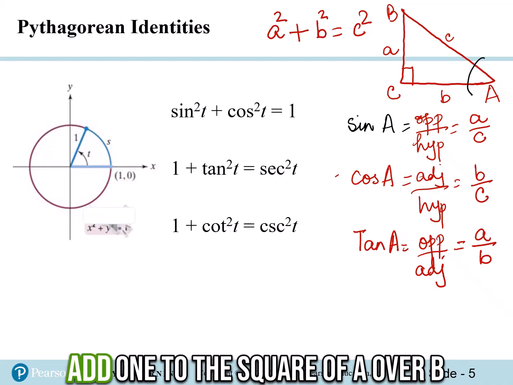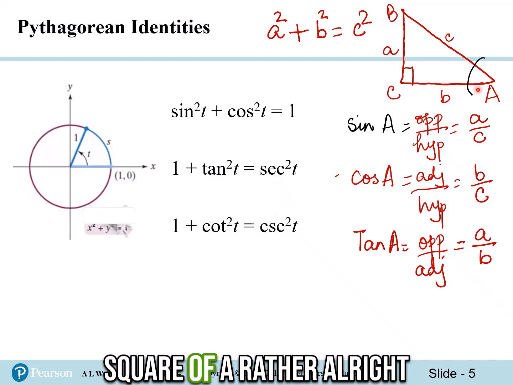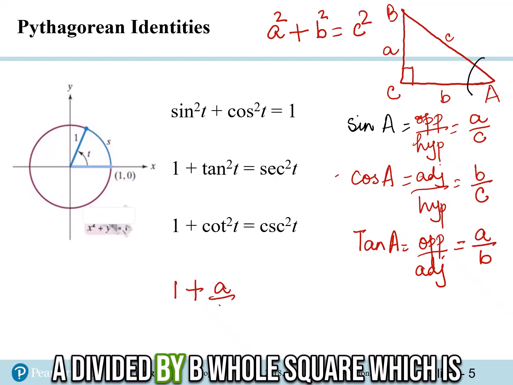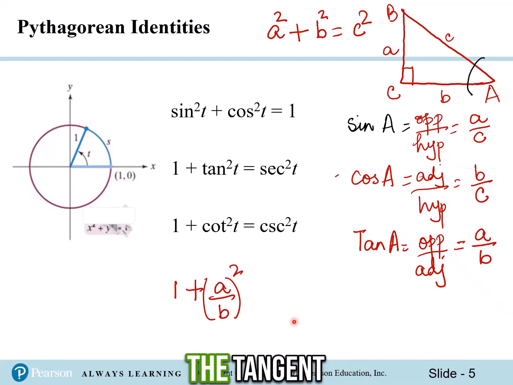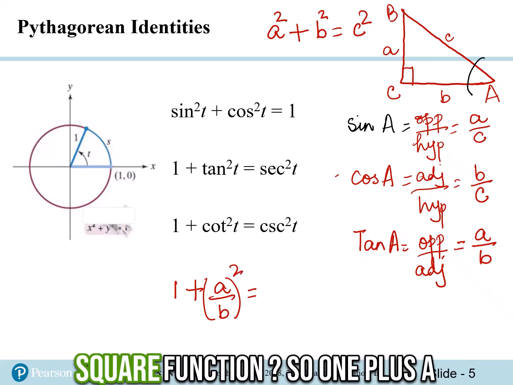So let's add 1 to the square of A over B and see if we are getting secant square of A. Alright, so 1 plus A divided by B whole square, which is the tangent definition, is it equal to the secant square function?